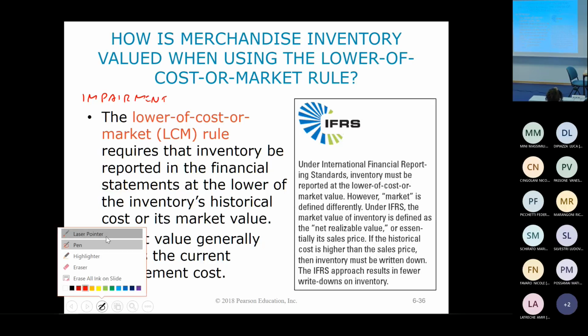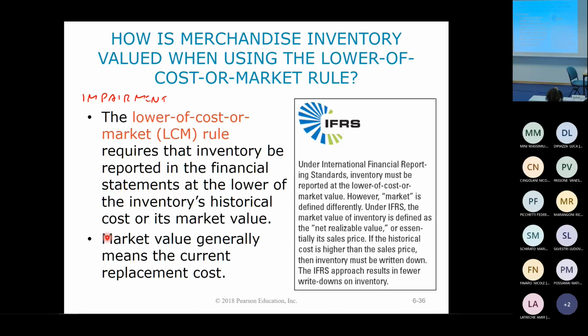So what are the reasons for this impairment, for market value which is less than cost? Well, for instance, in some cases, there are commodities which are traded, for instance oil, and the pandemic in 2020 might have generated this because the prices dropped and therefore the cost remains the same.